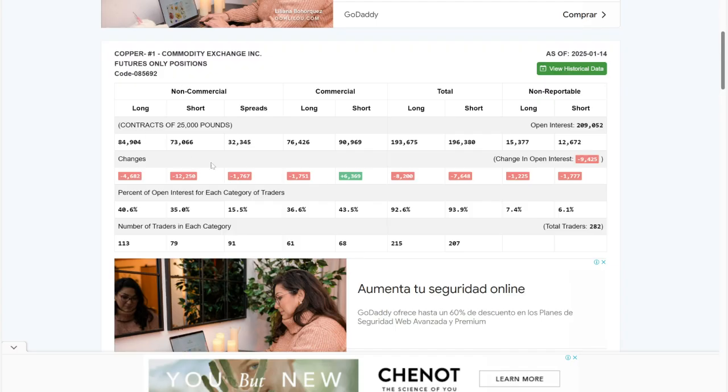From this snapshot of the last release of copper, we can see that the non-commercials closed a lot of short positions. At the same time, they closed a lot of long positions. But if we have to understand what is happening, their bias and their outlook is long. Can you explain to me why the outlook is long?